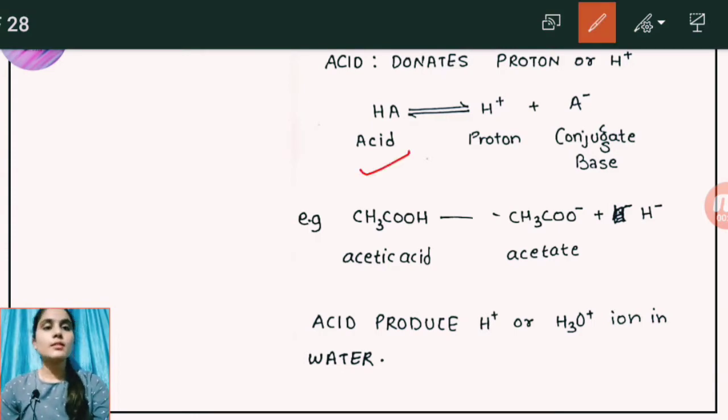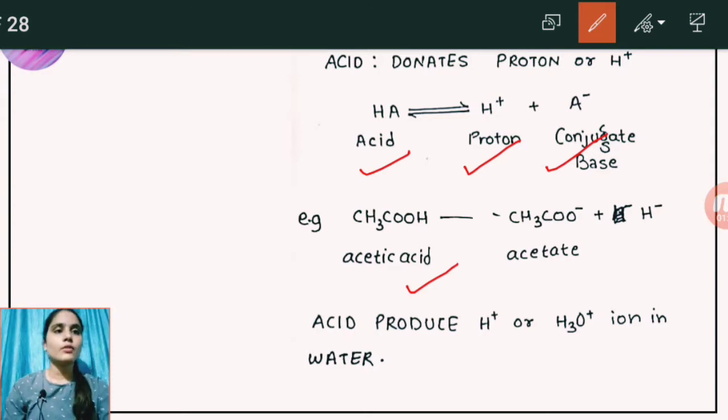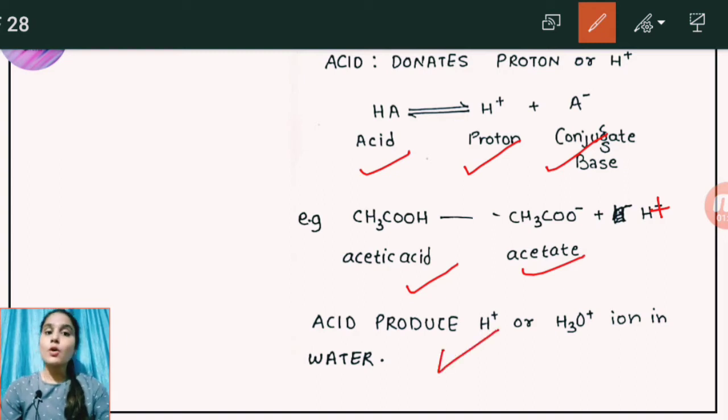It dissociates, either partially or completely, and releases a proton as well as its conjugate base. For example, acetic acid will dissociate into acetate ion and hydrogen ion. So this is a proton, that is the hydrogen ion, and a conjugate base, that is acetate. As we know, an acid will produce hydrogen ion or H3O+ ions in water.